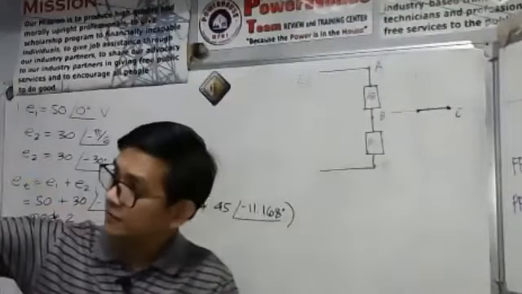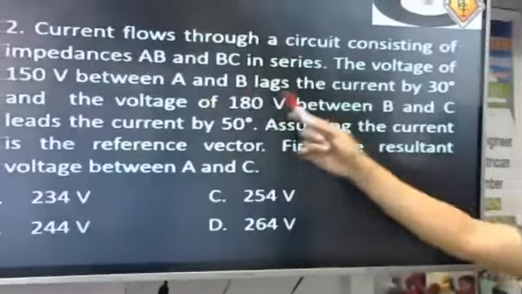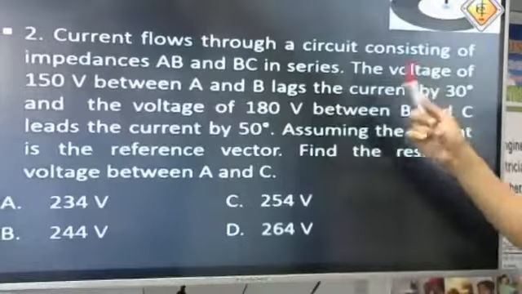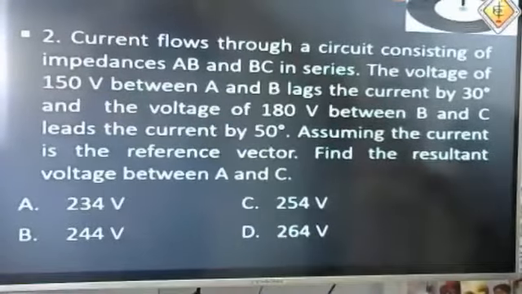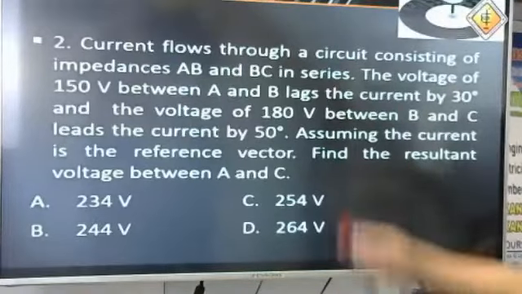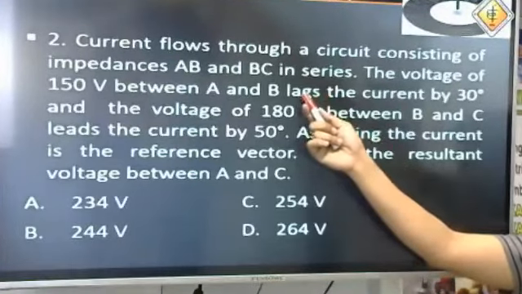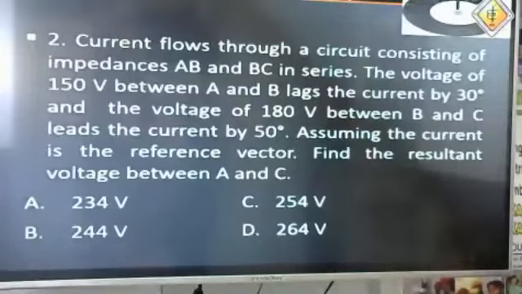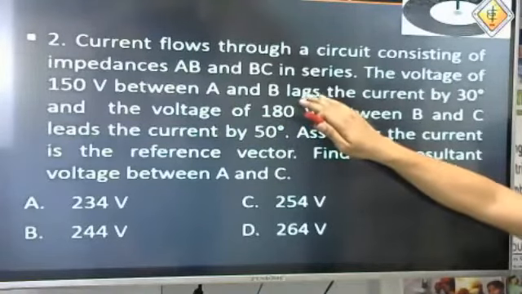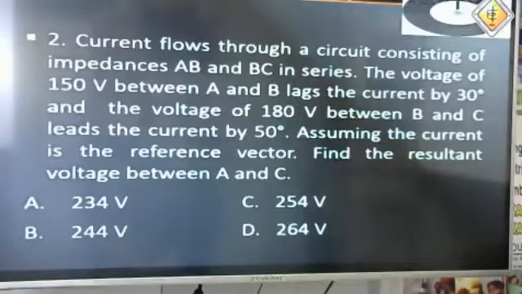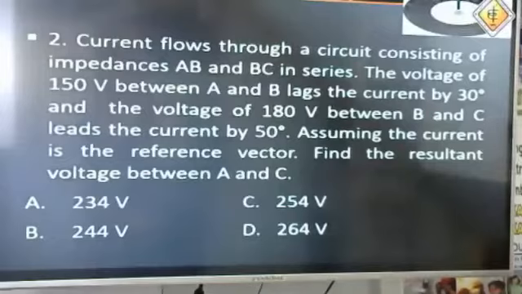For the first, between AB, the voltage of 150 volts between AB lags. What do we mean by lags? If there is the word lags, it simply means that it is below your reference vector.